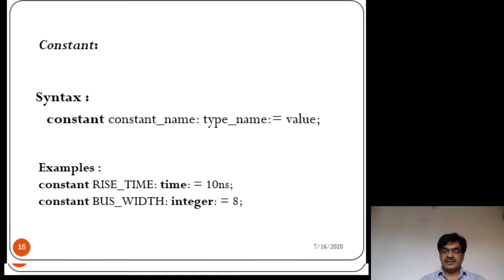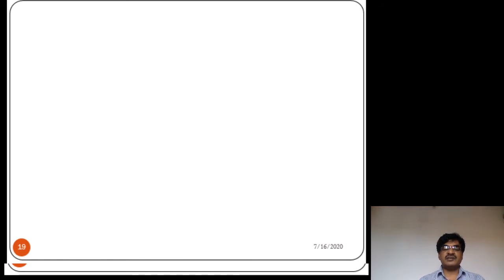Then coming to variables. The variable also can hold a value of a specified type, but the value can be changed during the simulation process. The value is assigned to a variable object by the variable assignment statement.